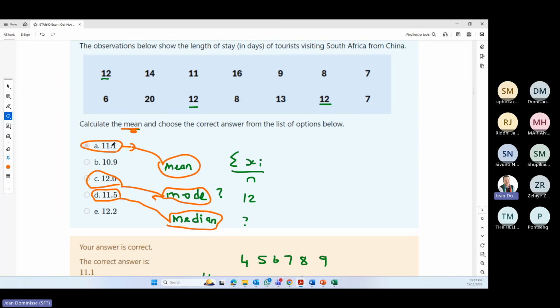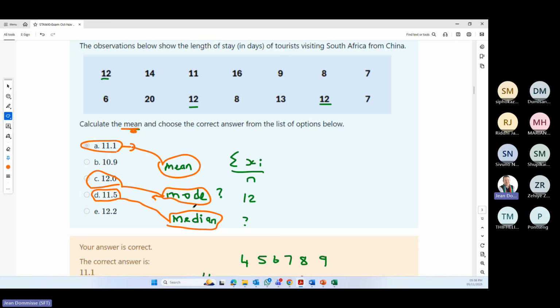Okay, so just again, reiterating, use what's the most effective or quickest for you, because for mode and median, I don't think any of the calculators have that function.